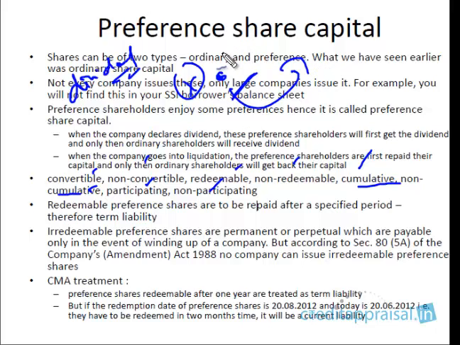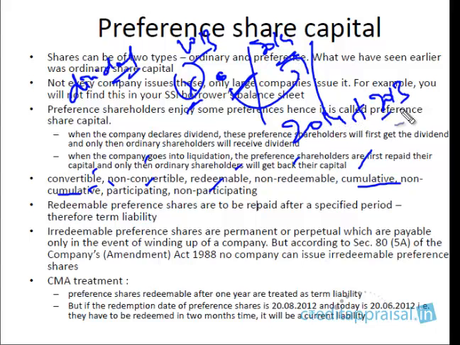Since the company made a loss this year and could not pay dividend, they will be eligible for that dividend in the next year. So this year is 2013 and the next is 2014. In 2014, they will be eligible to be paid not only the dividend of 2014 but also the dividend of 2013. So it gets cumulated.